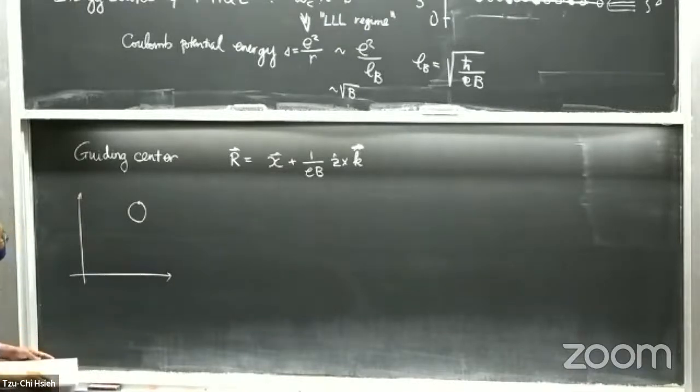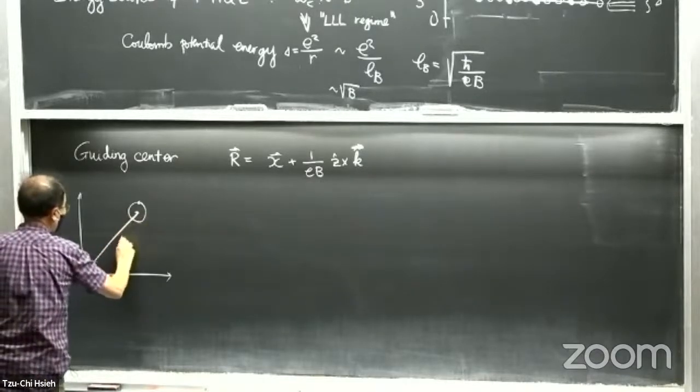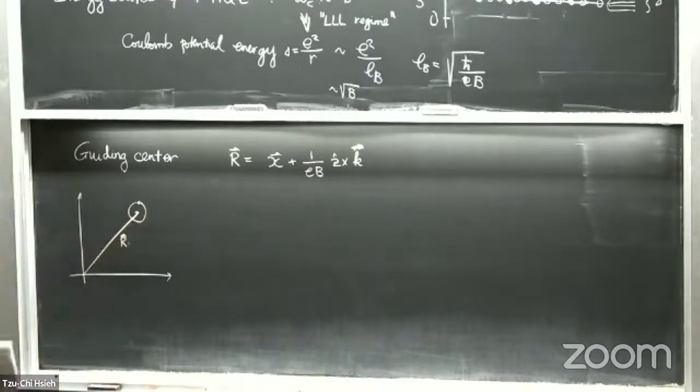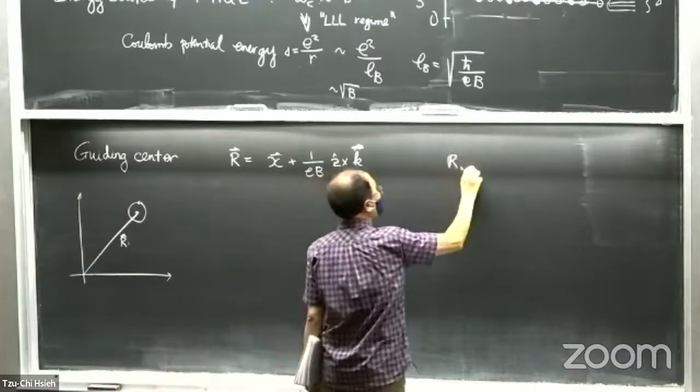I think this is plus. So the guiding center is this R, and the property of this guiding center is that it commutes with the kinematic momentum k.